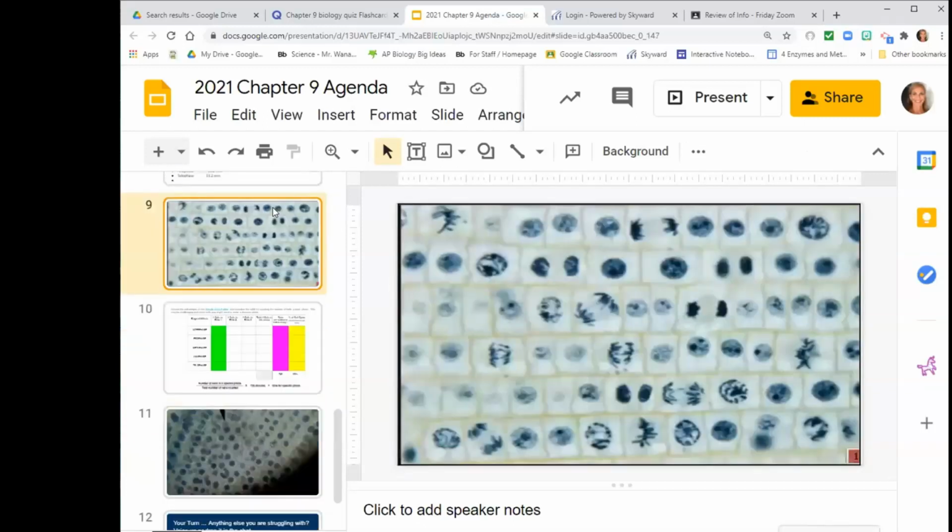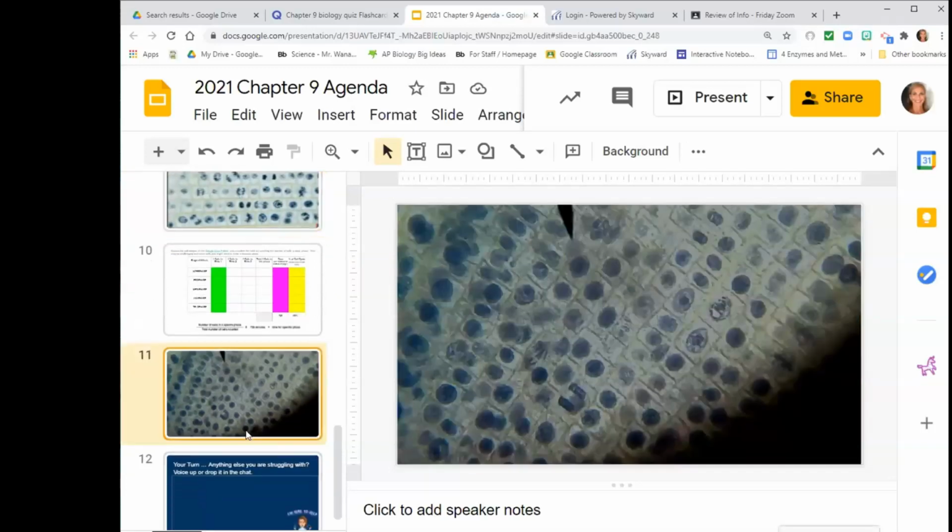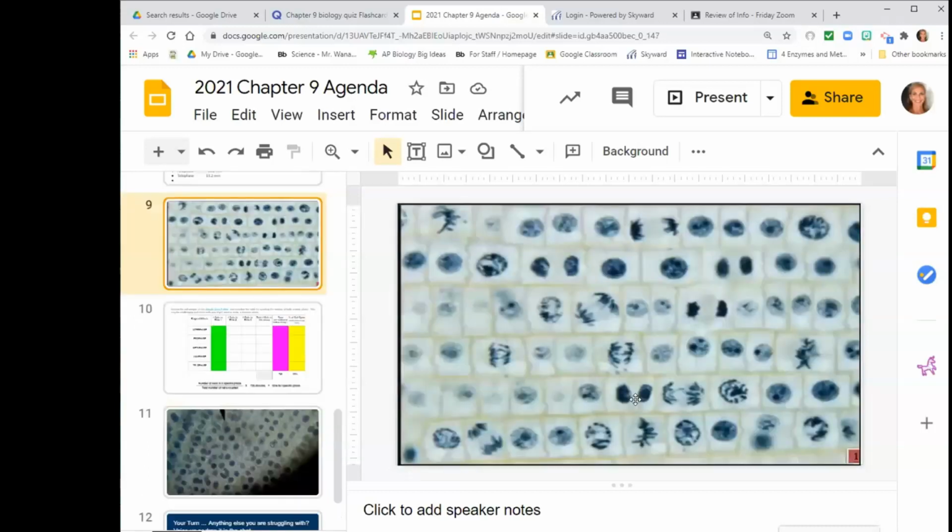So for the sake of this activity, we're going to use this picture because it's easier to identify. Take a minute, count up how many cells look like this, or this, or this.